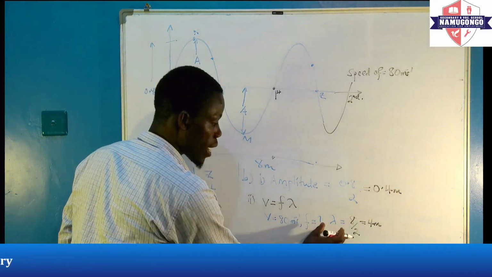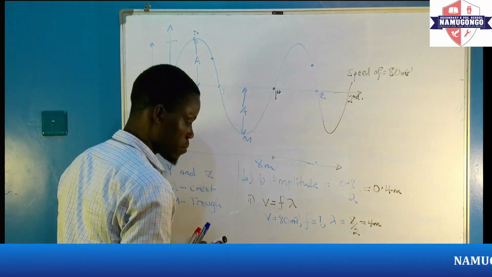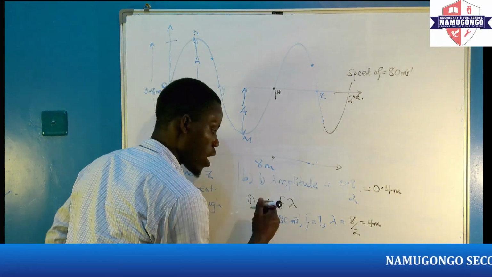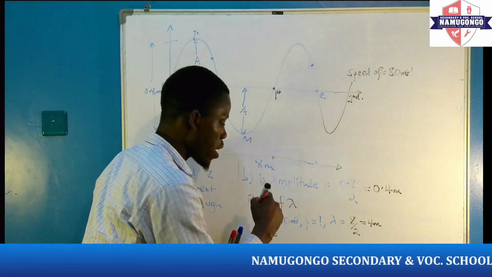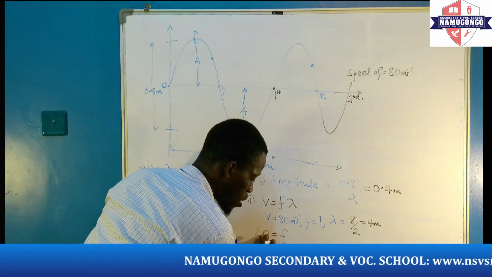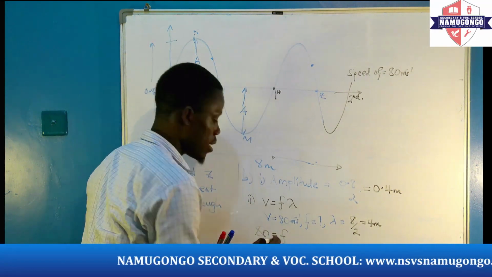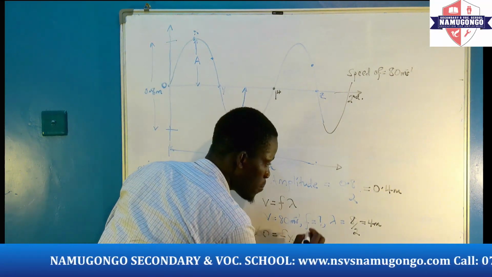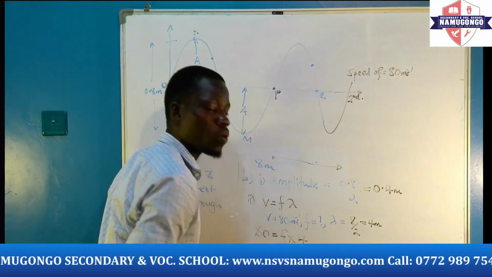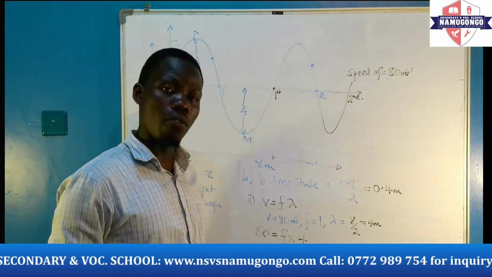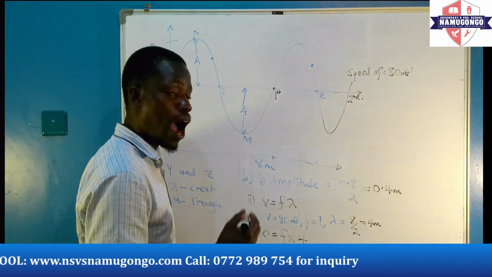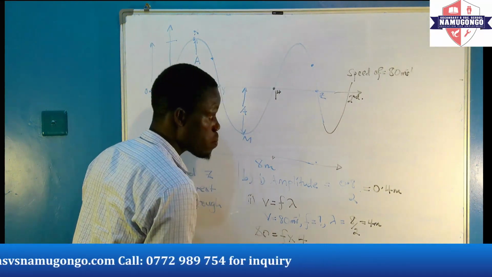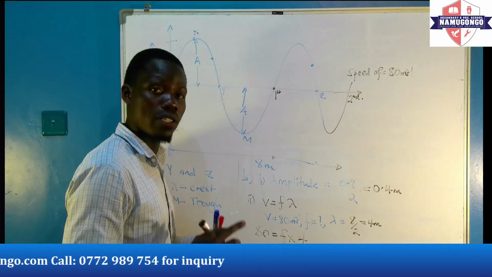So we come back and substitute in our formula. What do we have? We have that V is equal to 80. We have F, which is not given, and it is what we require, times lambda, which is 4. So we need F. Mathematically, we shall make F the subject. How? We shall divide through by 4 on both sides.